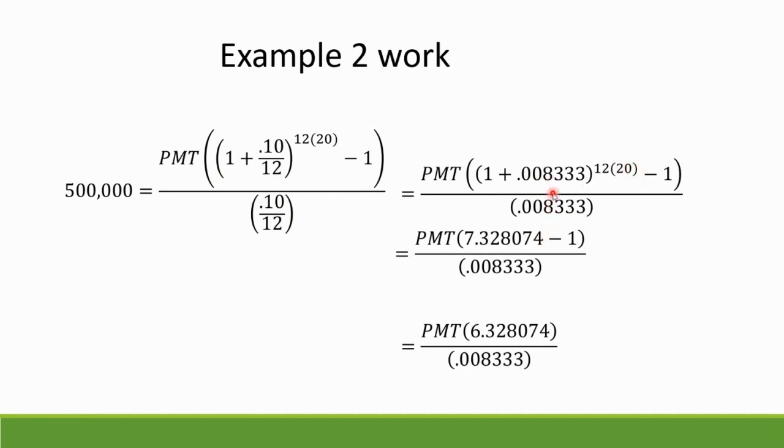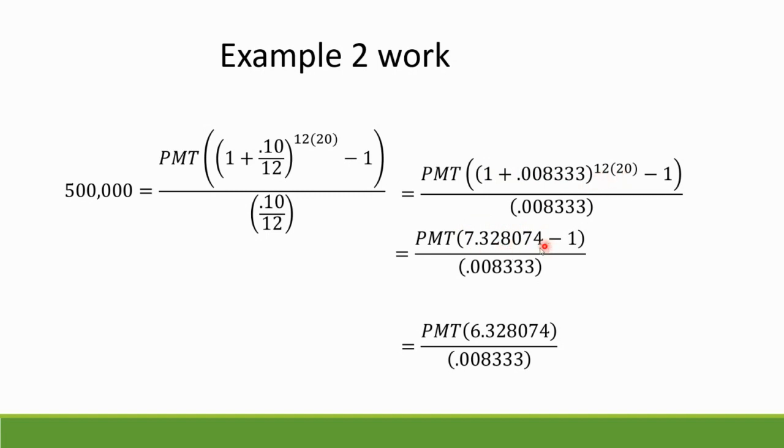I did skip a step here, but what you would have is 1.008333 raised to 240, which gives you this value. So that's what we get here. We have 1.008333 raised to the 240, 12 times 20.